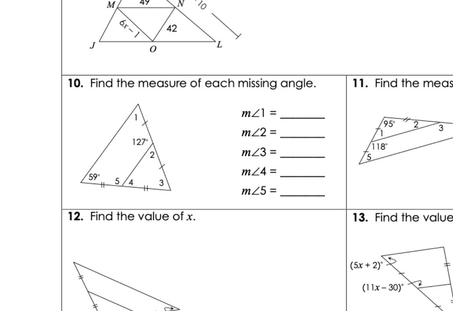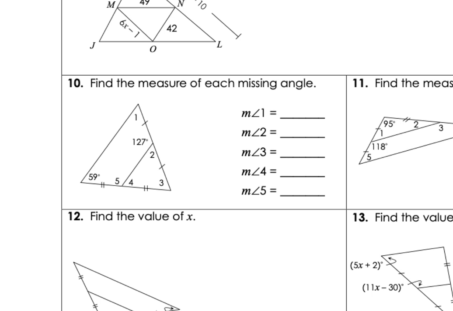first of all, do you see an isosceles triangle? Do you see an equilateral? Do they mark all the sides congruent for you? No. Do you see isosceles? Yeah. Where? Oh, wait, no. There might be isosceles.